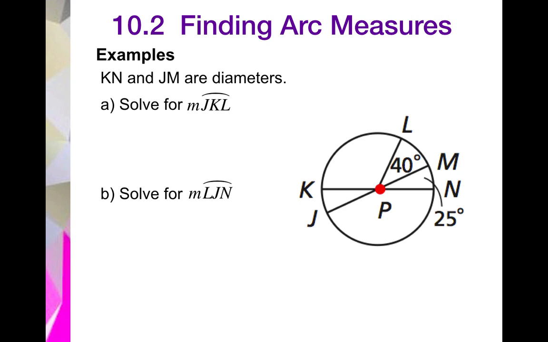Now let's use this as an example. In this diagram, KN is a diameter and JM is a diameter. Now I'll solve for J to K to L. That's not hard because JM, being a diameter, we know is 180 degrees, and we just subtract out that 40 to get our answer for this arc.